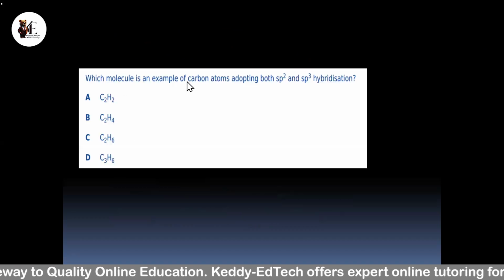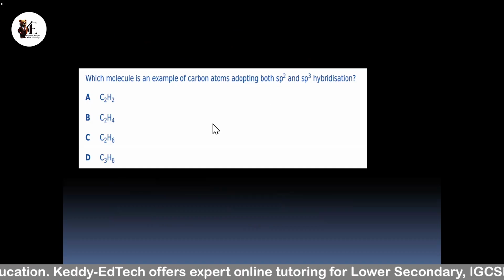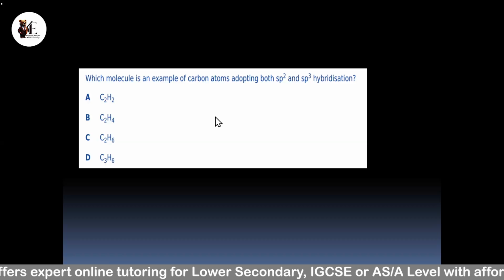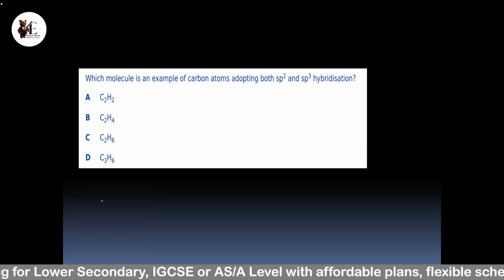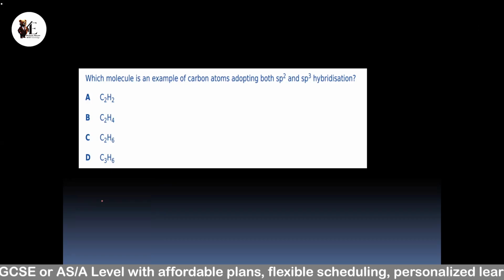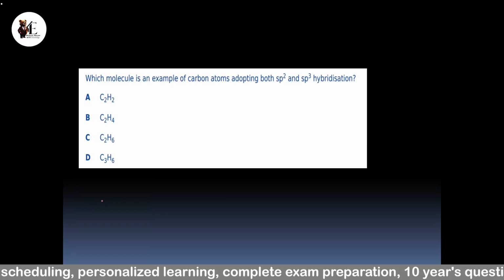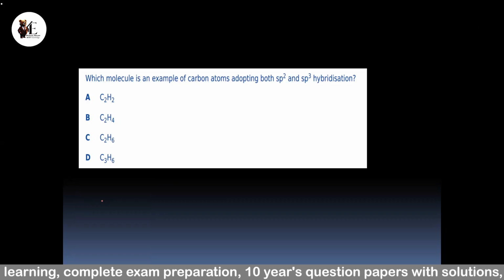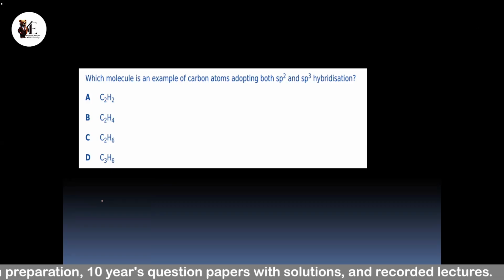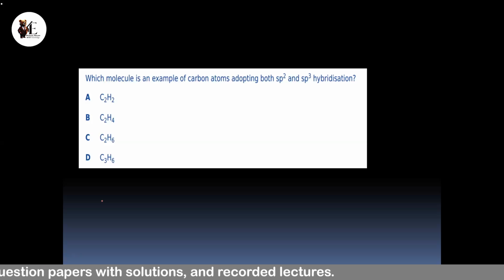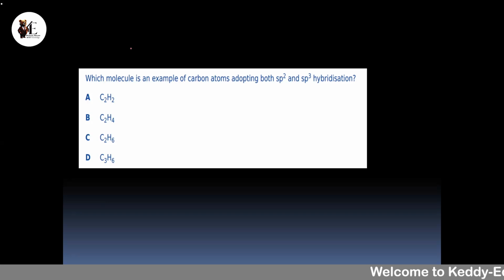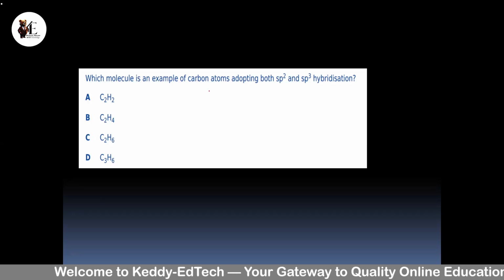So tell me the answer of this question. Which molecule is an example of carbon atoms adopting both sp2 and sp3 hybridization? C2H2 is this.